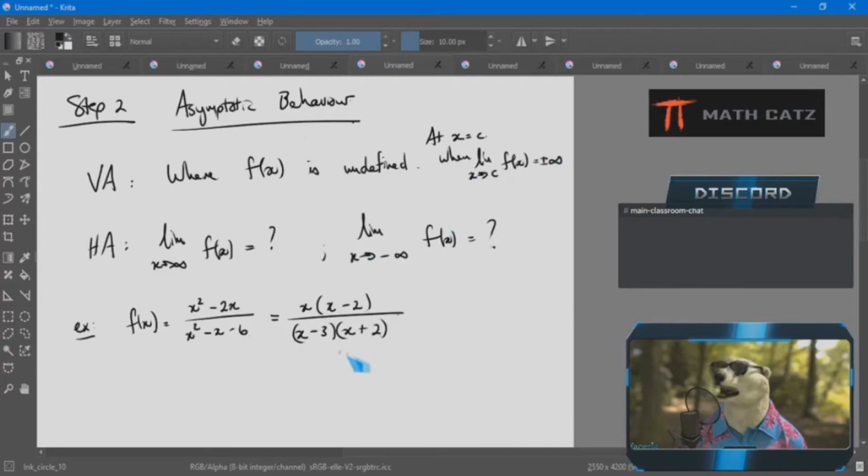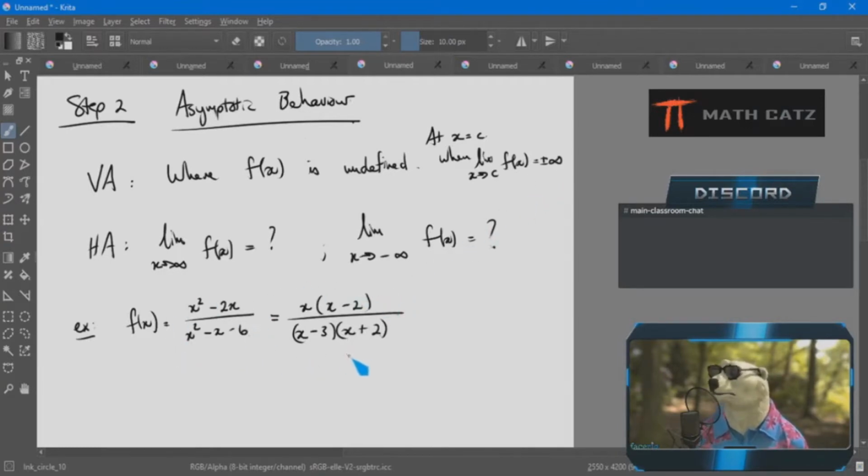And for the rational function, as long as I don't have the same factor at the top as well, it's when these bottom factors are going to equal 0. So if I understand what I'm looking for, there's no need to set up a whole limit and do a whole thing, because a rational function is a fairly straightforward function. But technically speaking, I have to make sure the y value actually blows up in size.